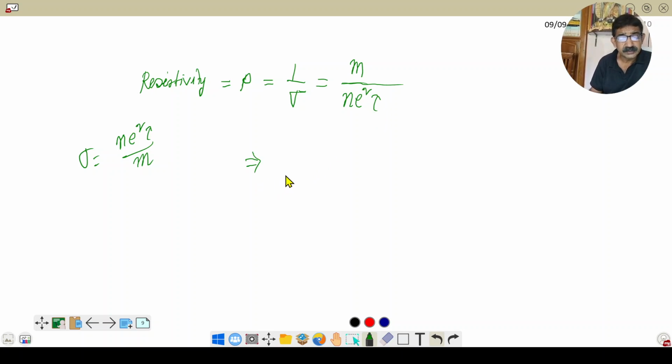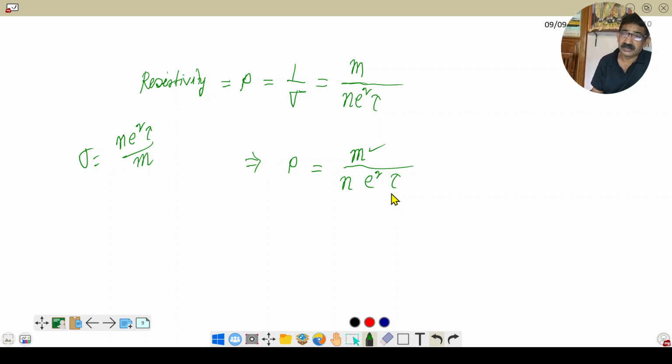That implies rho, the resistivity, is dependent on the mass of the electron, the number density of the electron, the electronic charge, and relaxation time.